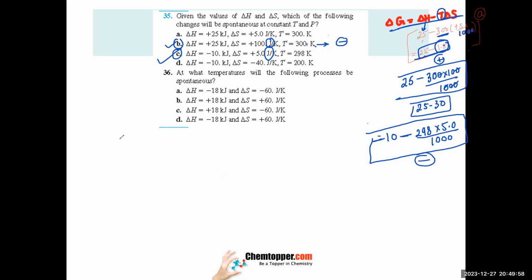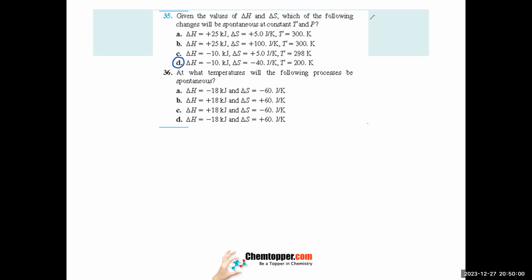Now I want you to check D, all of you. Equation is delta G is delta H minus T delta S. Take care of the units. This is joules. And tell me, is delta G negative or positive? Yusuf, D part. D for delta. You're saying it's negative, right?